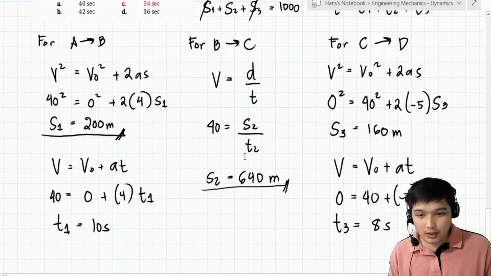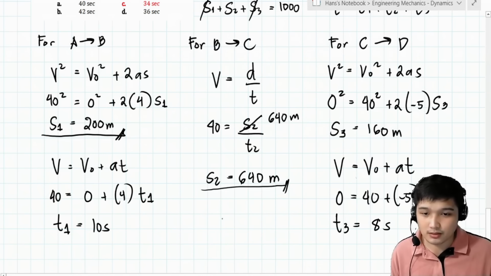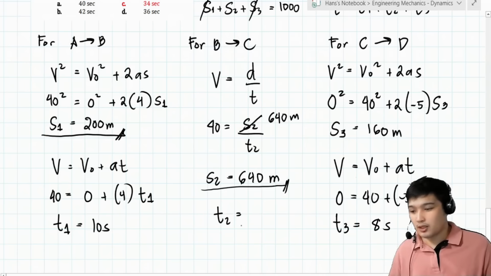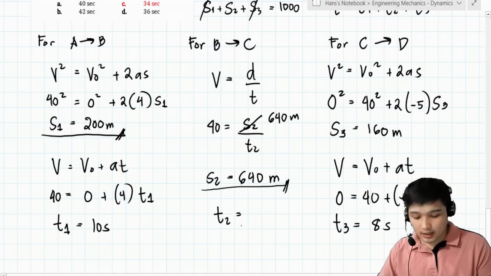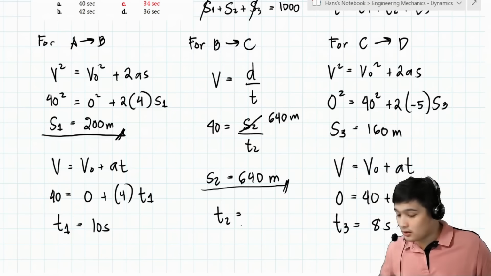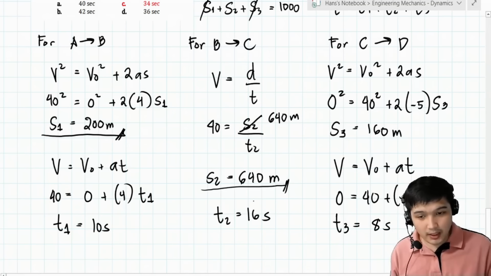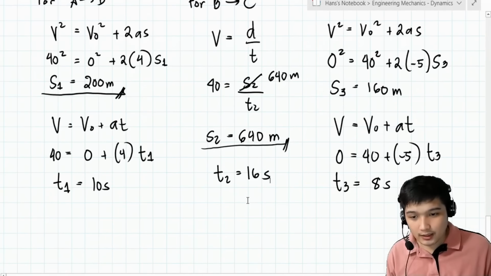And finally, we have S2, so we can substitute it here: 640 meters. Definitely we can get the time taken to travel S2. How much is that, guys? That is 16 seconds. But that is not yet what is being asked. The question is the total time.